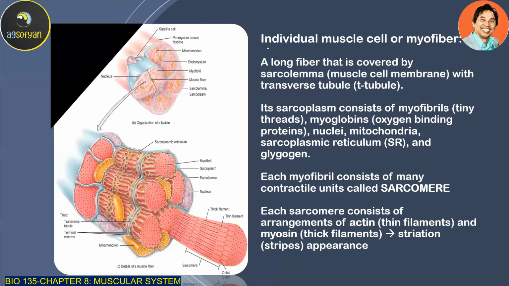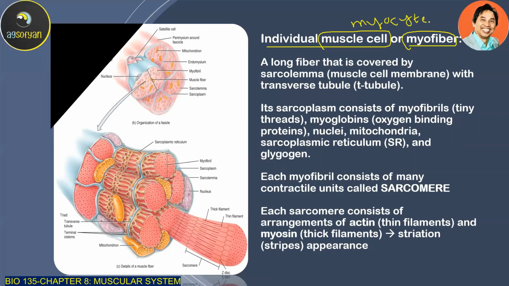Now, if we look at one individual muscle cell, sometimes it is also known as myofiber, sometimes it is also known as myocyte. Remember, cyte means cell, myo means muscle.